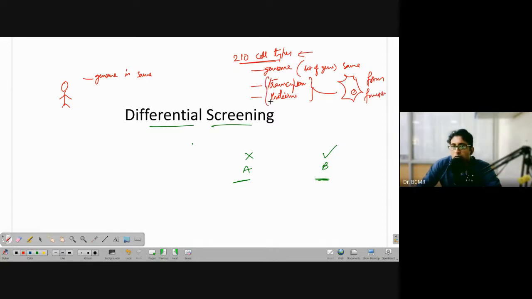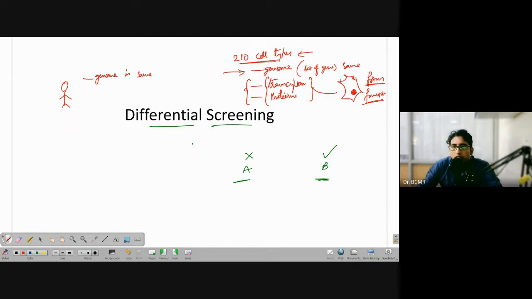So the genome is essential in the sense that the gene should be present in the first place. The transcriptome and proteome will determine when it is expressed and how much it is expressed. The total set of proteins and RNA expressed will determine how the cell should look and how the cell should respond to the environment or to the signals.